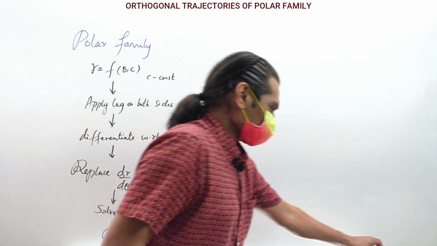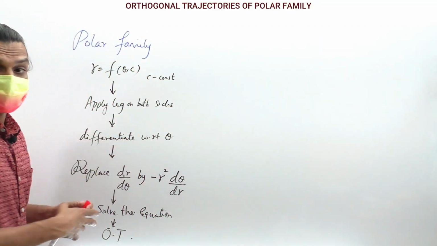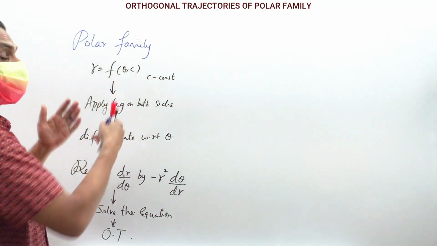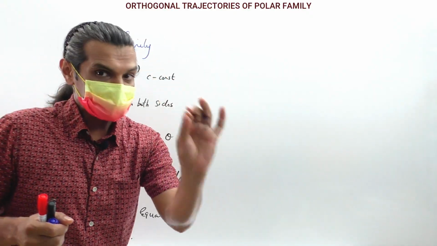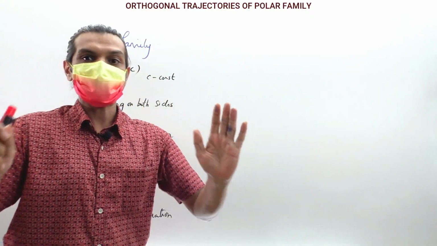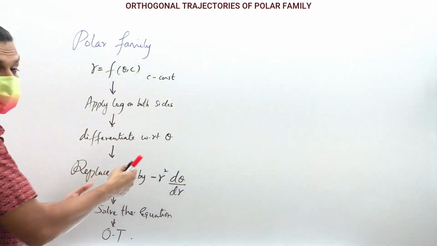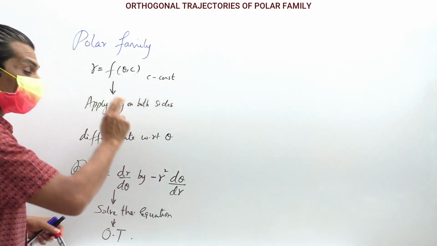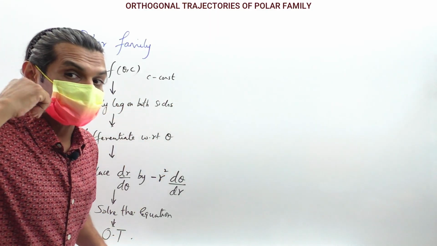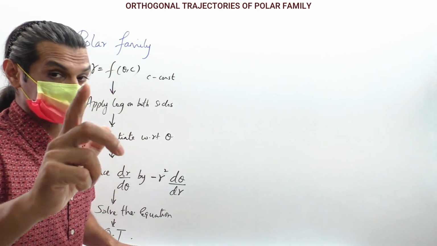That's it. So the main thing here: they will give a question r = f(θ, c), whatever it is. First, the best practice is to apply log on both sides, then use the principles of log, then differentiate with respect to theta. Whatever derivative you get, replace dr/dθ by −r² dθ/dr.